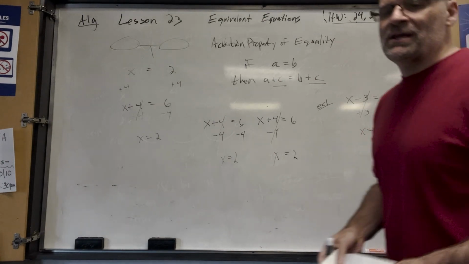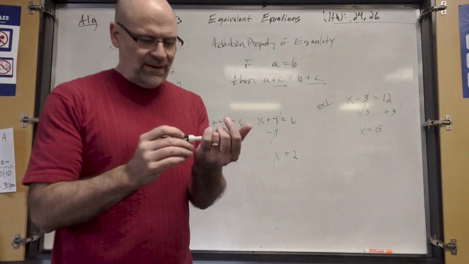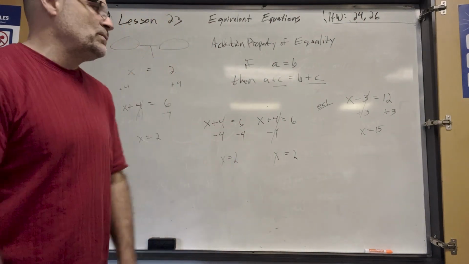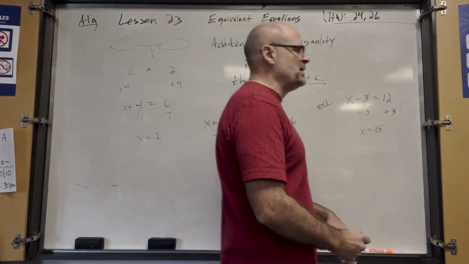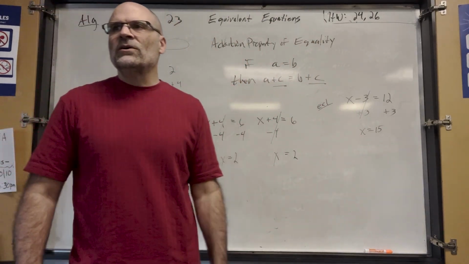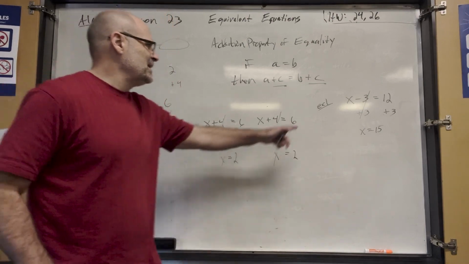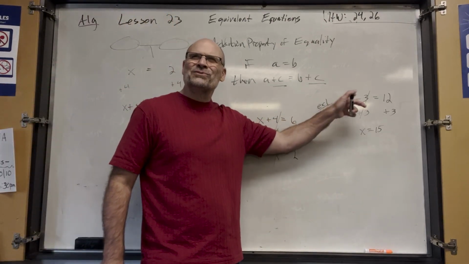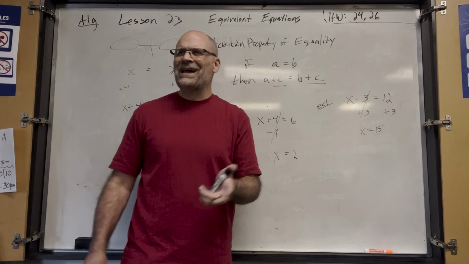So x equals 15. It doesn't sound like we're doing anything backwards. That's the beauty of algebra, because algebra does the thinking for you. You don't have to think about, okay, what number do you subtract 3 from to get 12? You don't have to think that way.